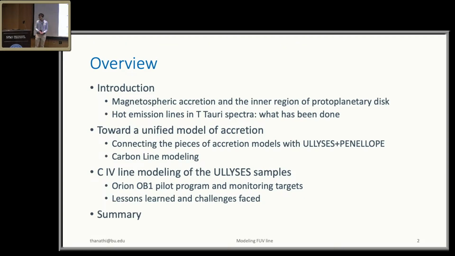To give you an overview, I will talk a little bit about magnetospheric accretion again and how that connects to the inner disk, and then review a little of what has been done about the hotlines in FUV spectra of these stars. Then I'll go into detail on how we create the model to connect all the pieces of accretion and how the carbon line, or the FUV lines, fit in that picture, and then some results.